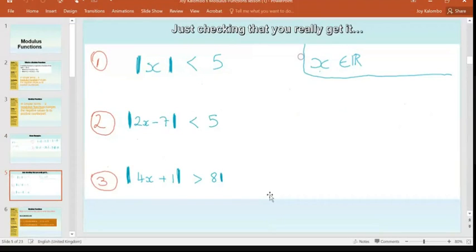Just to see that you really understand this, I want to see what kind of answers people get for these inequalities.